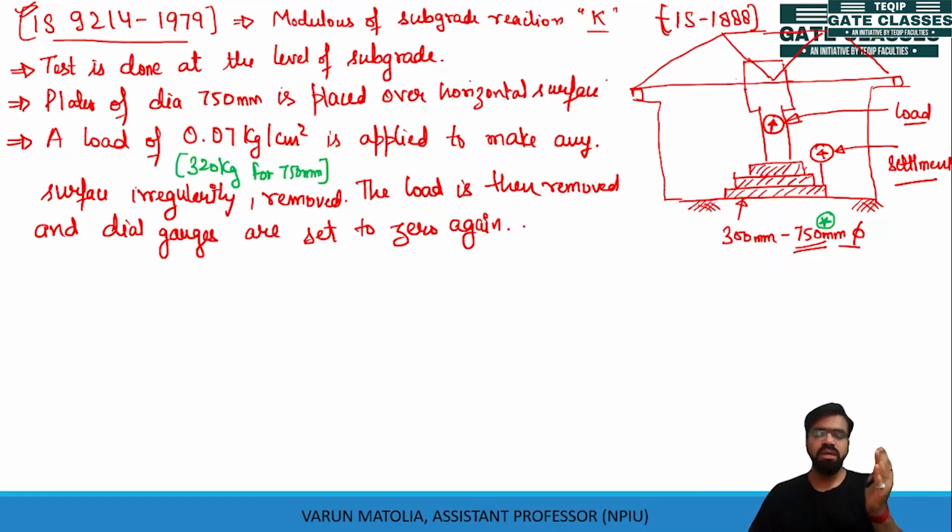Because of this load there may be some settlement, there may be variation of load in the load dial gauge. So these loads are removed and all the dial gauges are again set to 0. Then the loading starts.